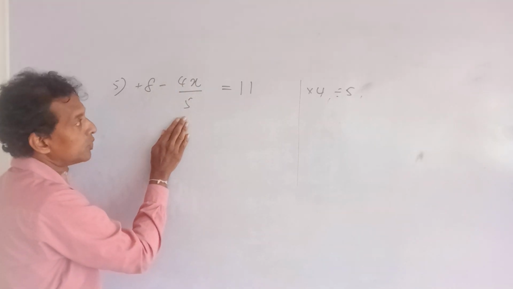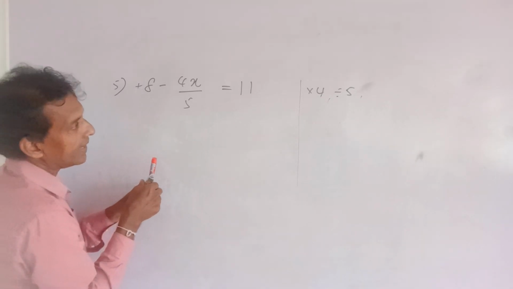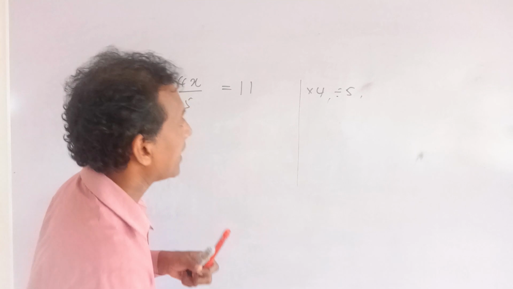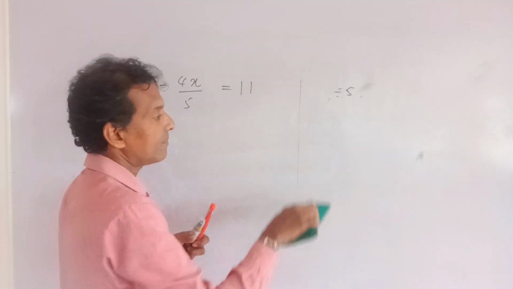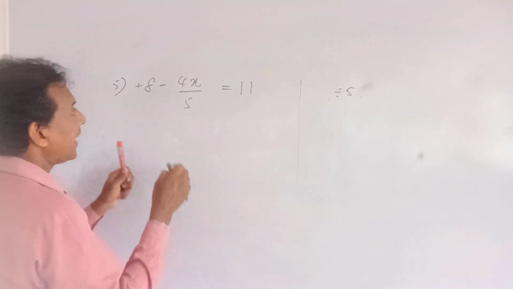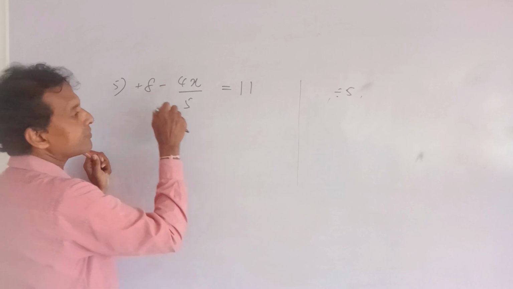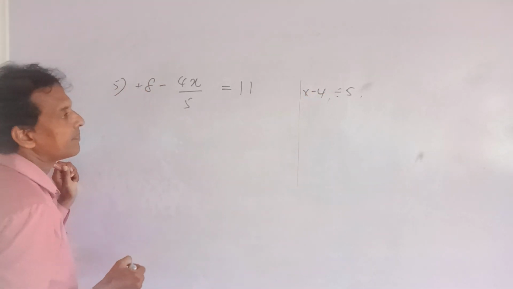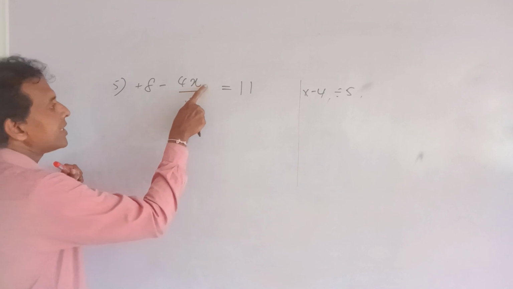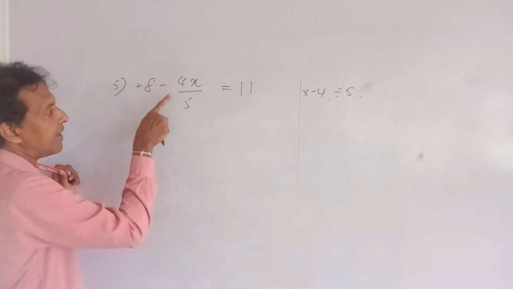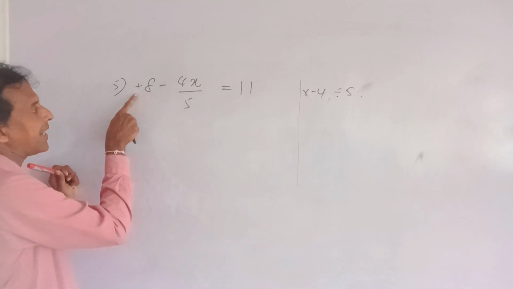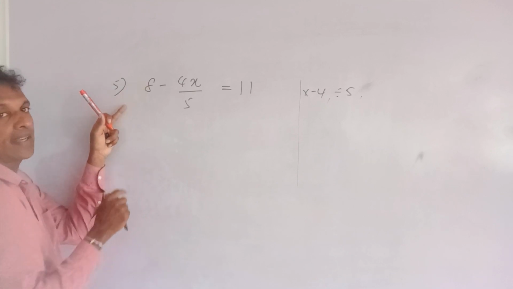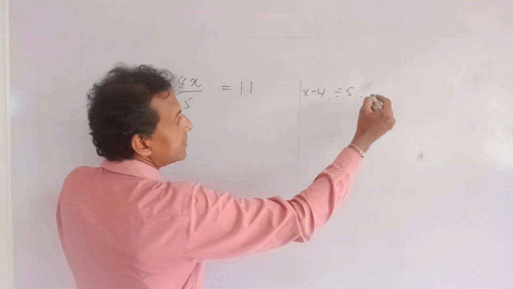So it's better to write it like that. I'll just make a change here, then you won't get confused. We'll write x is multiplied by minus 4, divided by 5 and added 8. So here the plus sign is not there, but it's implied that it is addition.